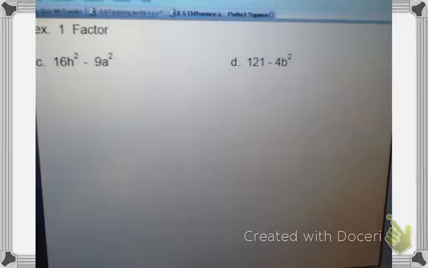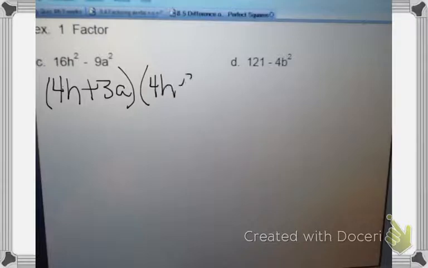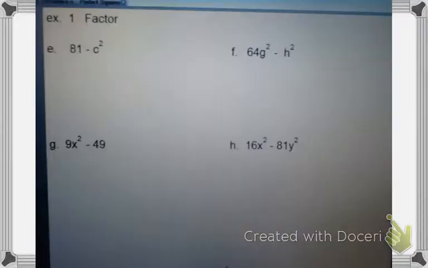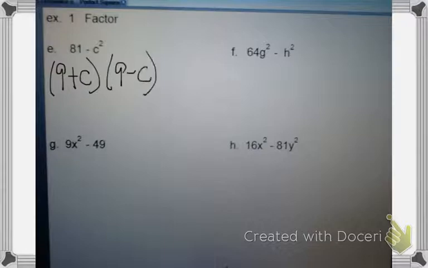Example 1C. 16 and 9 are both perfect squares, so that factors into 4h plus 3a times 4h minus 3a. D, that's backwards, but we can still factor it backwards. That's 11 plus 2b times 11 minus 2b. Example 1e. 81 minus c squared, that's backwards, but let's leave it backwards. 9 plus c times 9 minus c.